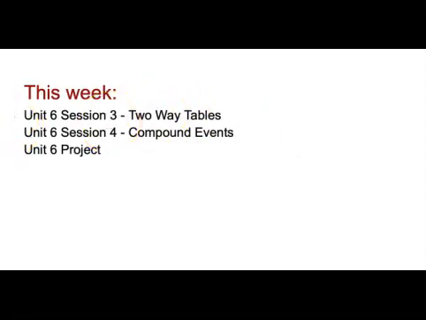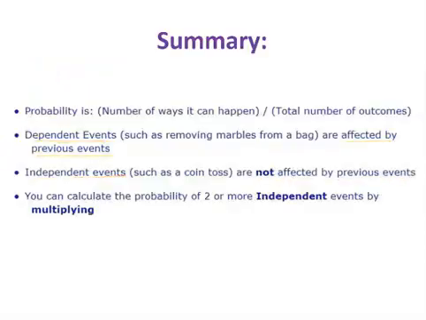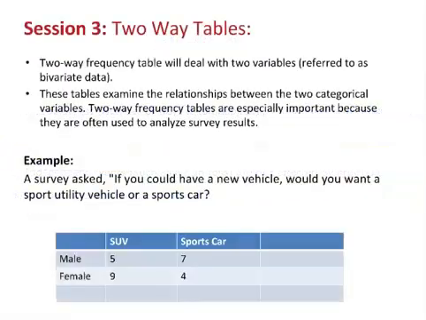So let's take a look at two-way tables. All right, so in session 3, you're going on to look at two-way tables. We can use two-way tables to deal with two different variables. And whenever we're talking about two variables, we can refer to that as bivariate data.